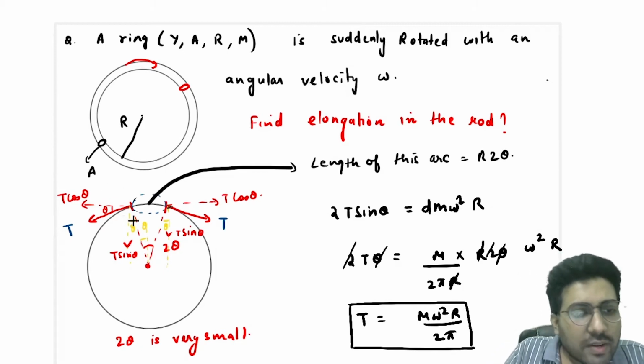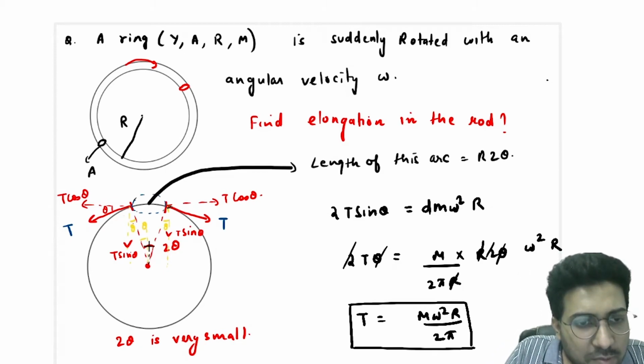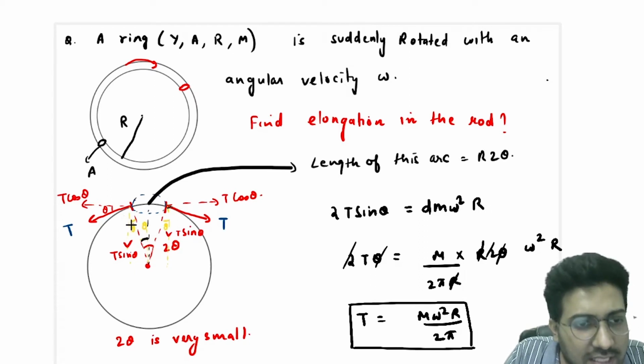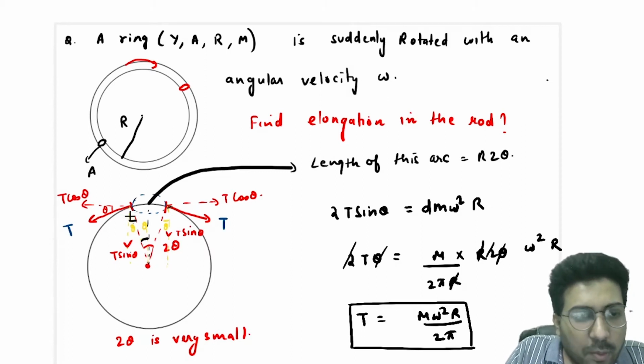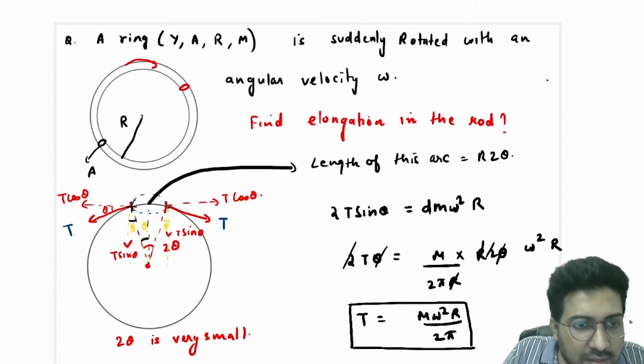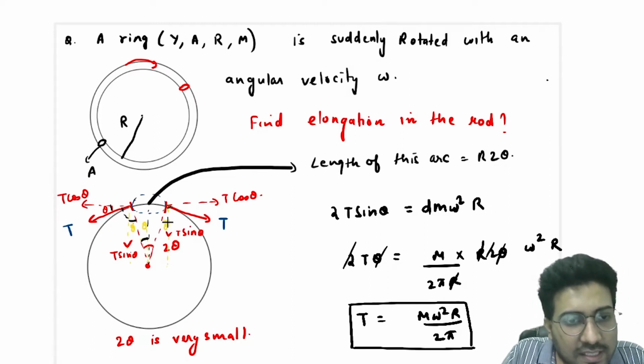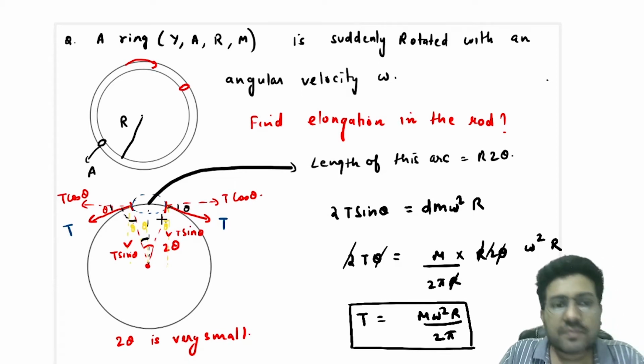When you look at this diagram, you will see if this angle is 2 theta, then this half angle is theta, right? So if this half angle is theta, this angle is also theta. Why? Because these two lines are parallel. Now this is radius and this is tangent and this is radius, and this angle is theta, this angle is 90 minus theta. If this angle is 90 minus theta, that means this angle is also theta. Same for this, if this angle is theta, this angle is also theta.